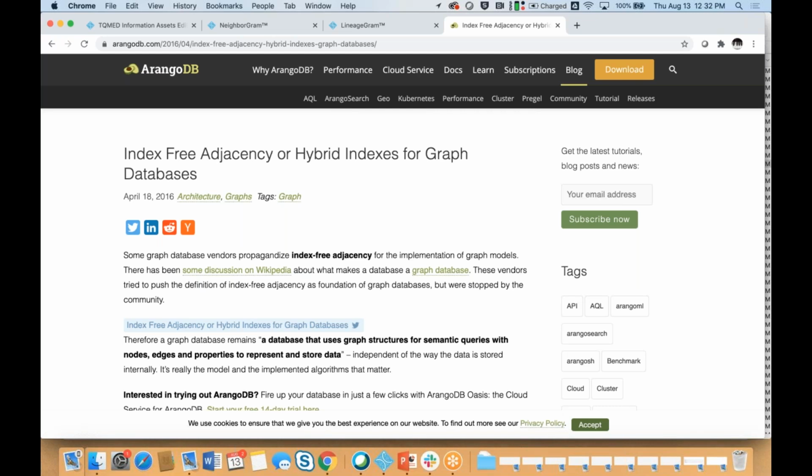Index-free adjacency is about storing the physical address of the related node in your node. So if you have distributed data, and increasingly we are in a distributed environment, that becomes a difficult concept. But it could be done with either graph data model, and has its limitations.